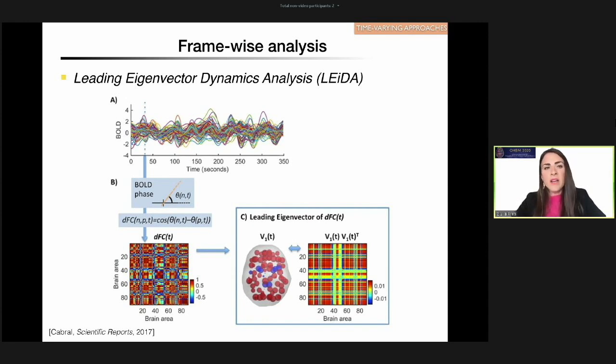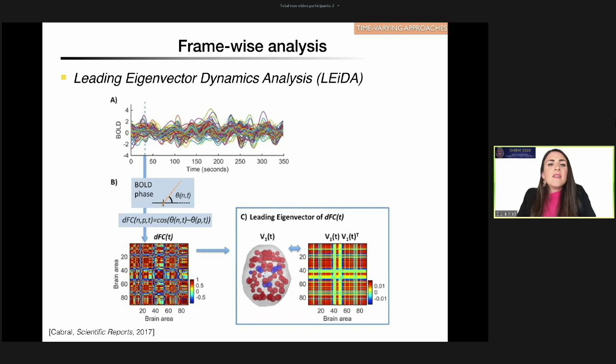Then a second analysis that I would like to briefly mention, always within the framework of frame-wise analysis, is LEiDA, the Leading Eigenvector Dynamic Analysis, which was introduced in 2017 by Joana Cabral, who also will give a talk in this educational course, and that basically gets rid of the window by computing the connectivity with an instantaneous coherence connectivity method. How does it work?